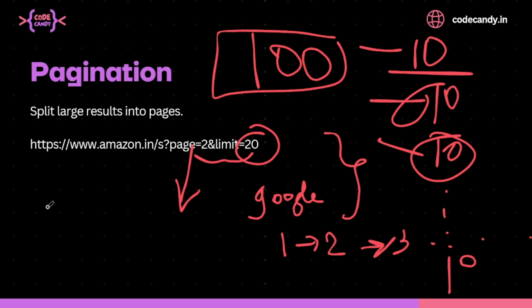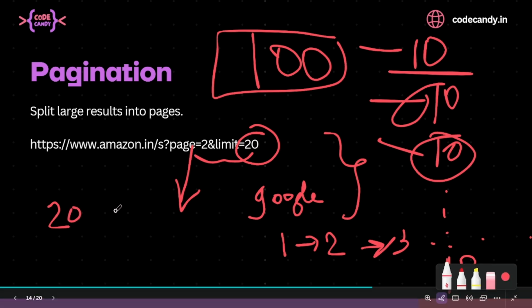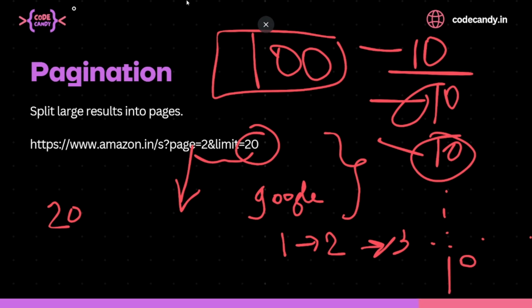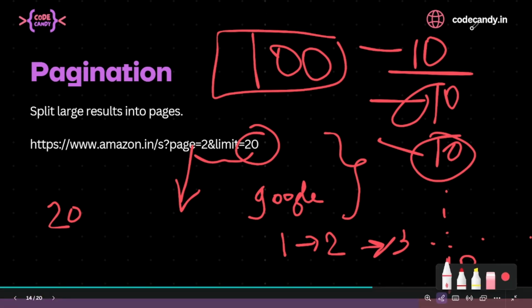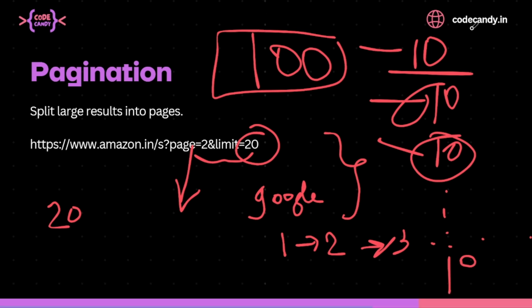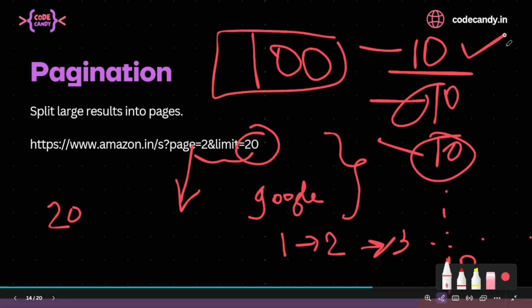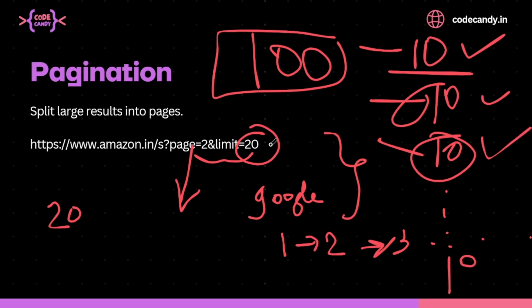So you will ask the librarian to give 20 books at one time. This is how pagination works on websites and APIs. It is like fetching the browser data faster and making it more organized.